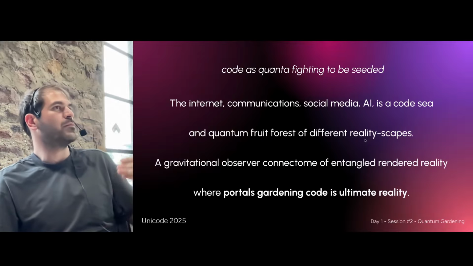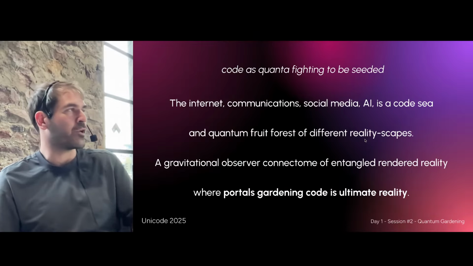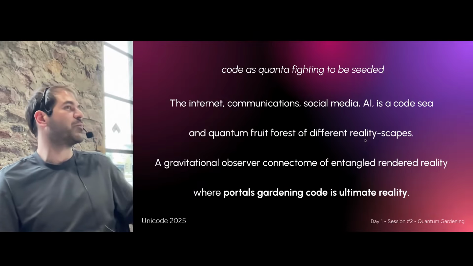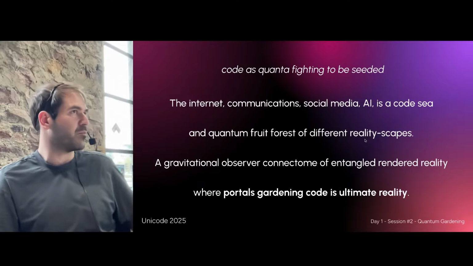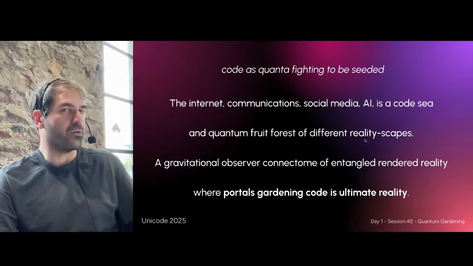The vacuum generating holograms is ultimate reality. Gardening code is ultimate reality. That garden code can be where we eat for lunch. It can be whether you want to have a child or not this life. It can be whatever you want to do. But that's all gardened code.